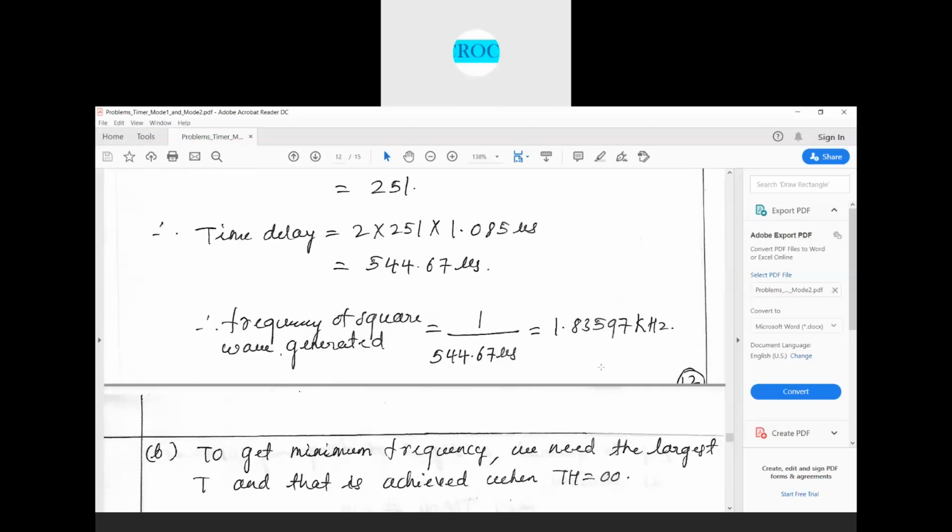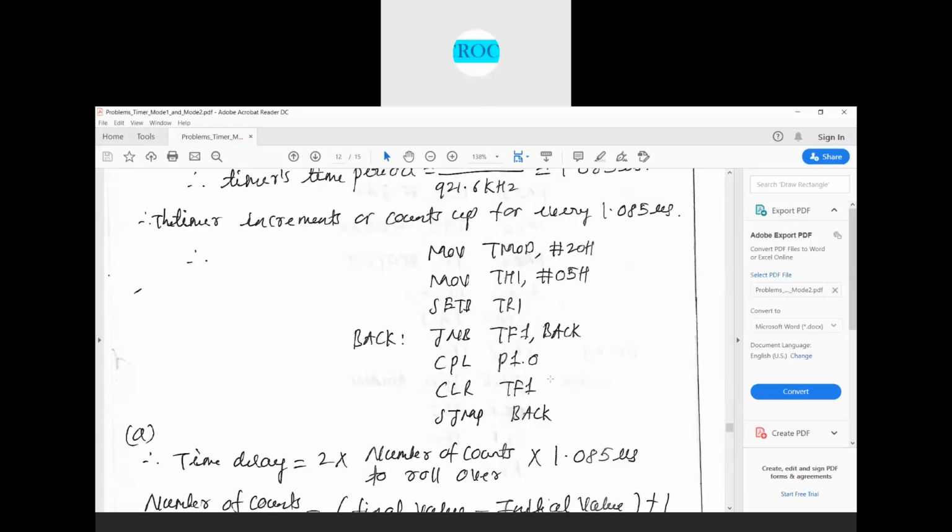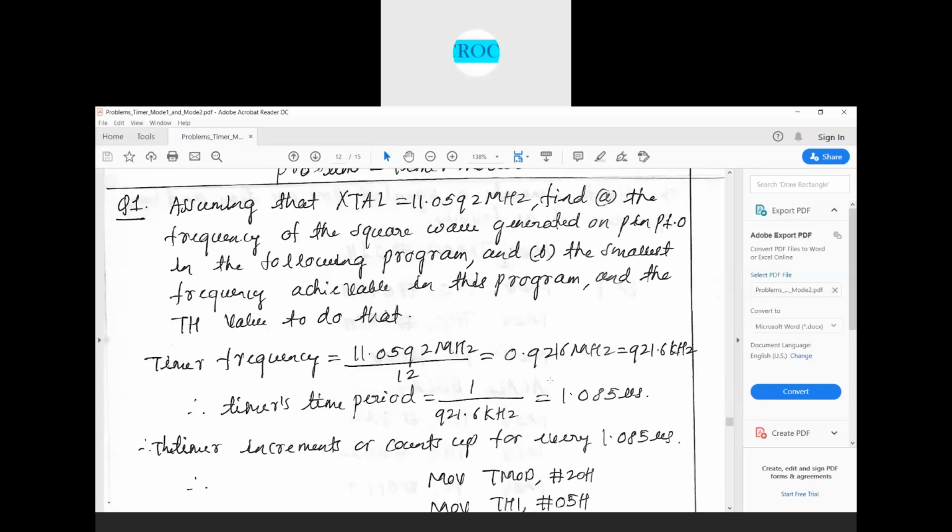The frequency we generated is 1.83 kilohertz here. The second part says: what is the smallest frequency achievable in this program, and what value do we need to load into the TH register to get the smallest frequency, right?